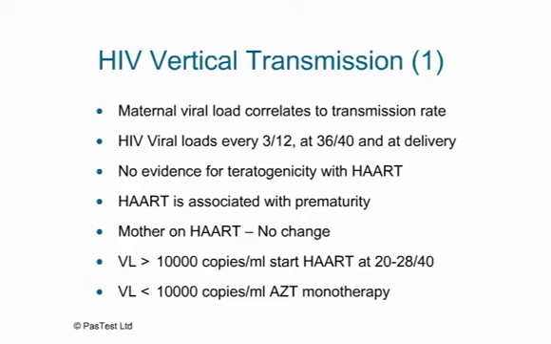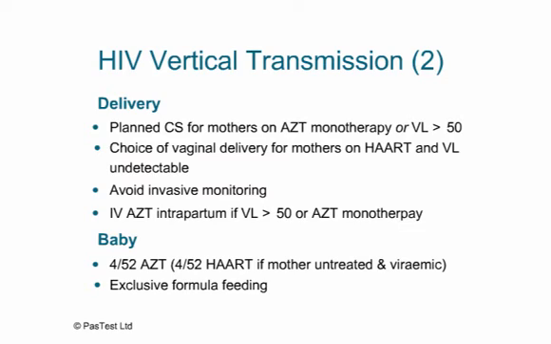If the viral load is greater than 10,000 copies per mil, the mother should be started on HAART at somewhere between 20 and 28 weeks gestation. If it's less than 10,000 copies per mil, she should receive AZT monotherapy. In terms of the delivery, planned caesarean sections for mothers on AZT monotherapy or with a viral load greater than 50.